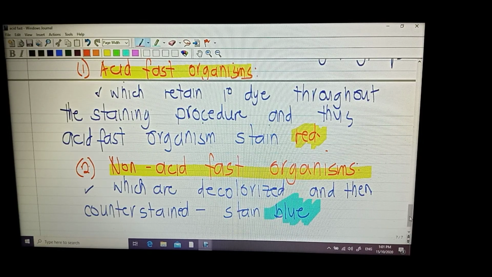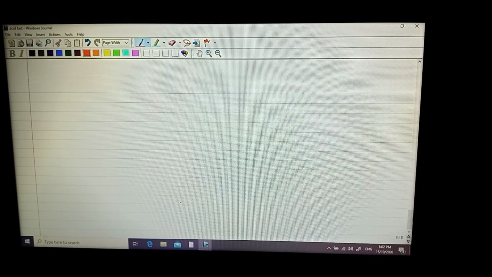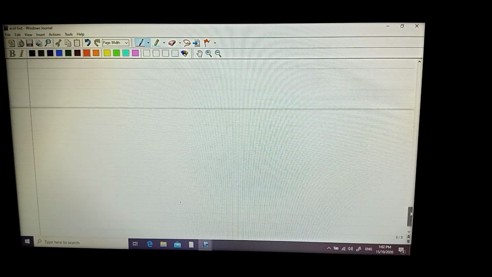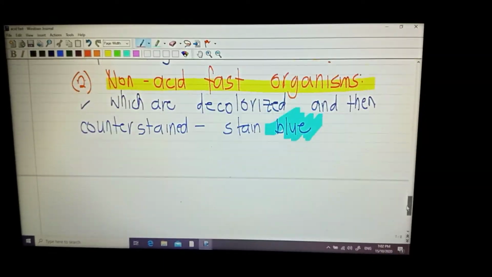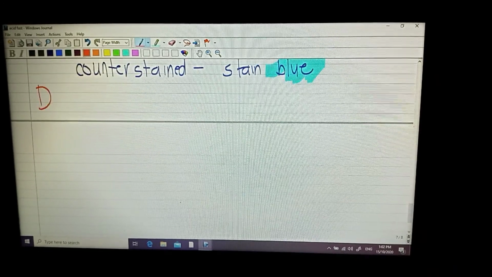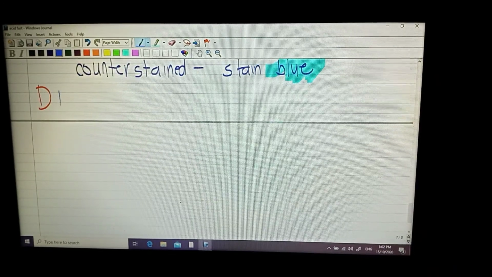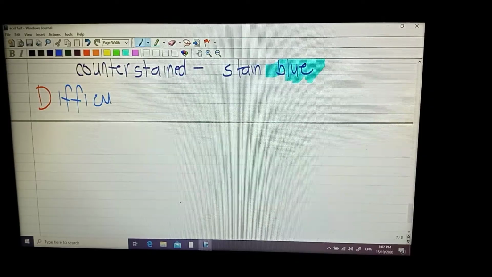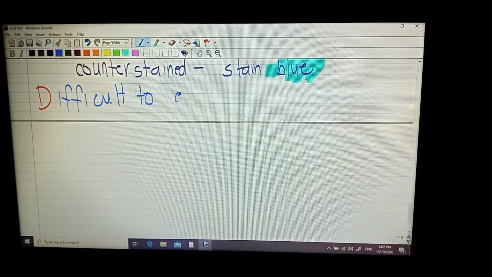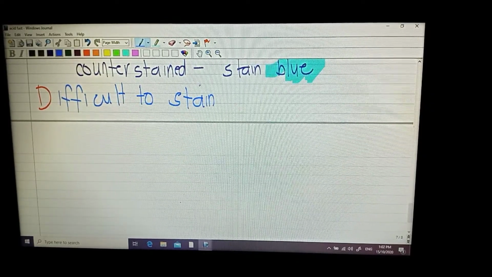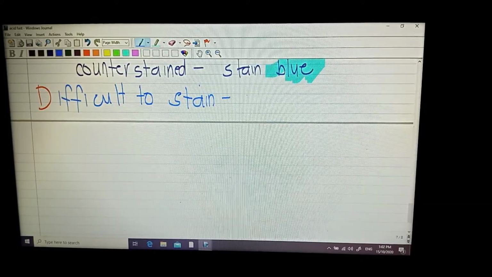Other characteristics aside from your letter I. Next is your letter D. We are following your mnemonic na acid-fast. What about your letter D? Remember that your acid-fast organisms are difficult to stain. What is the reason?